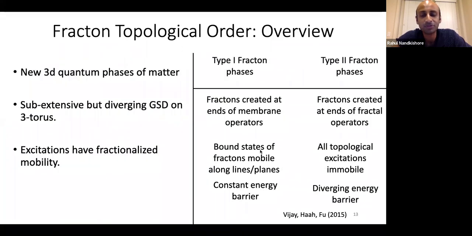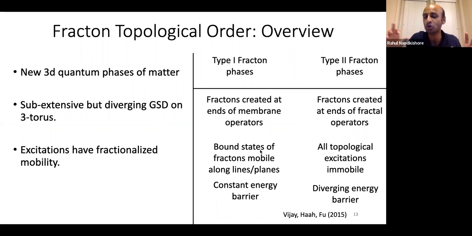Okay, so here's my very quick summary. The key point is that the elementary excitations, which I'm calling fractons, are not locally creatable. With ordinary topological order, you would have excitations created at the ends of strings, but with fractons, they're created at the ends of some higher dimensional object.